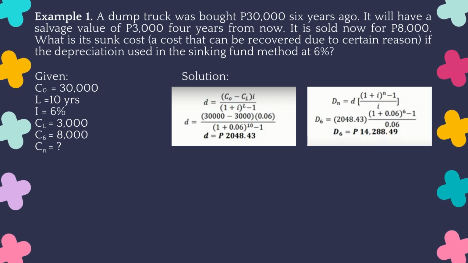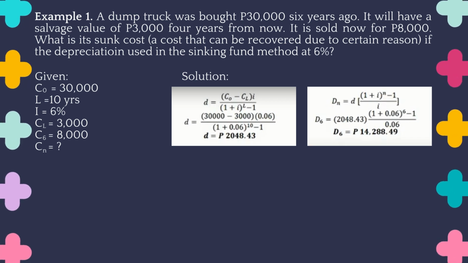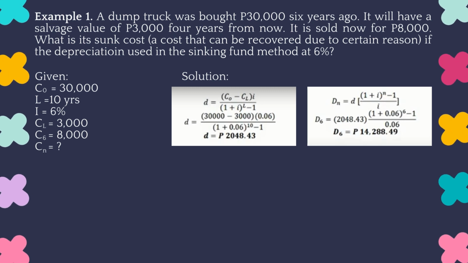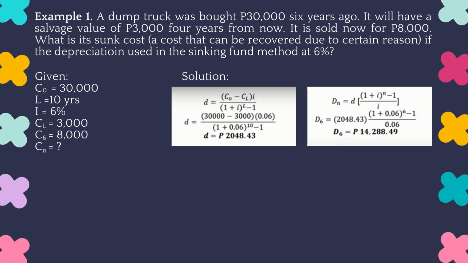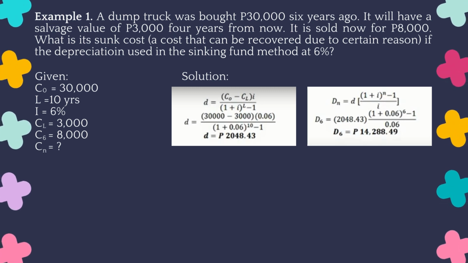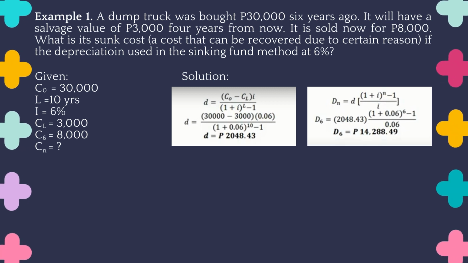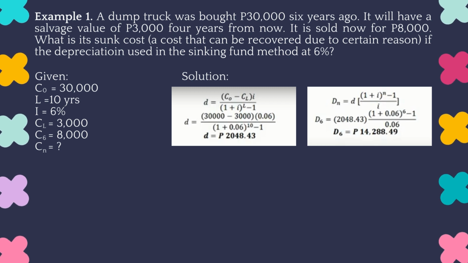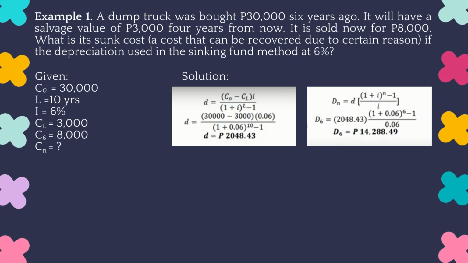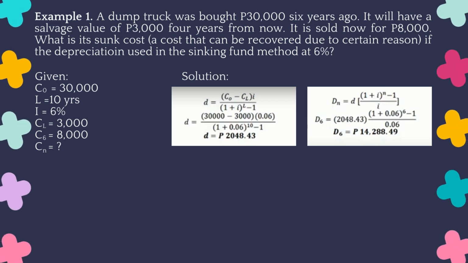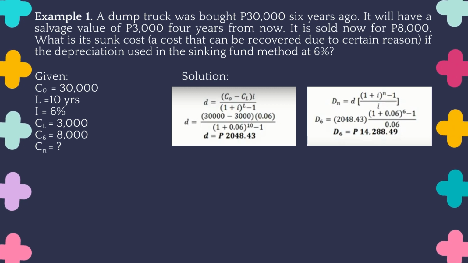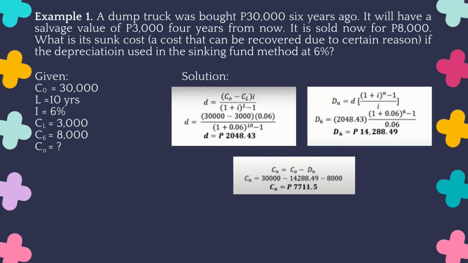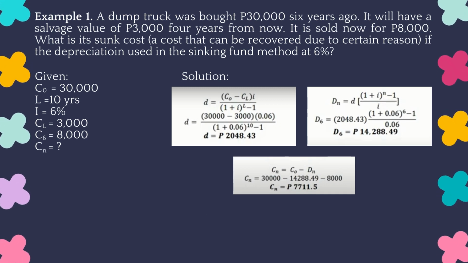So then multiply by 1 plus 0.06, our rate, to the power of 6, our N here is 6, and then minus 1 over 0.06, and the result will be 14,288 pesos, 0.49 centavos.